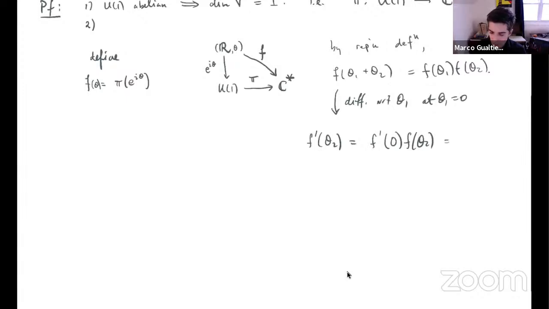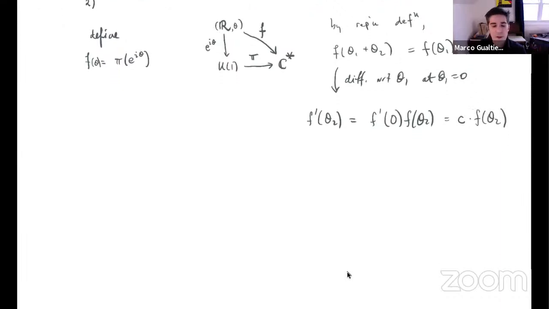Okay, and so this is a constant multiplied by f of theta 2. So this is a differential equation for f. F prime is a constant times f. So we can solve this. And it's that f of theta is a constant times e to the c theta.